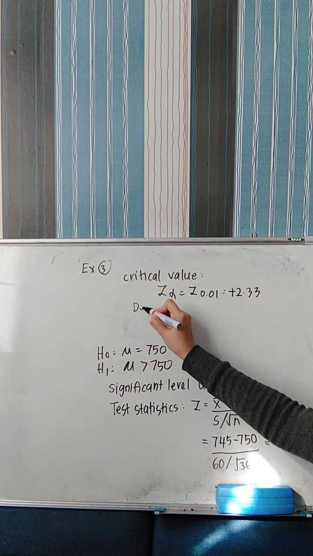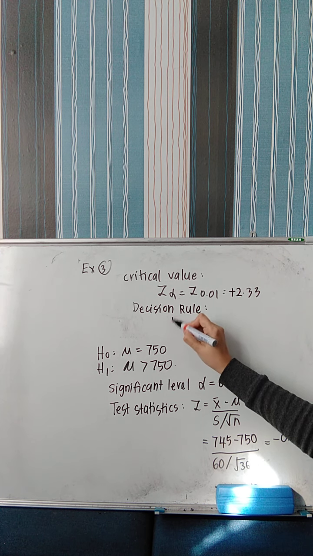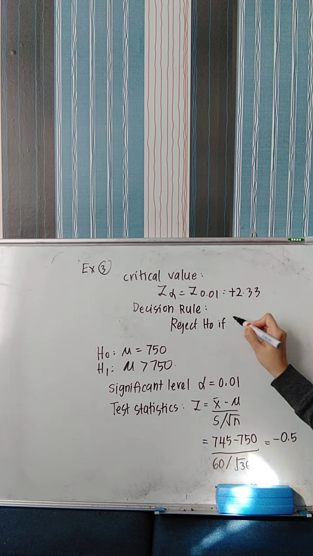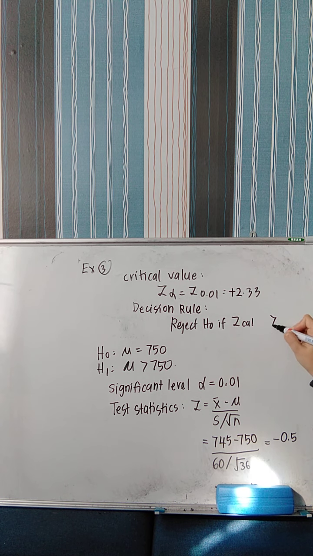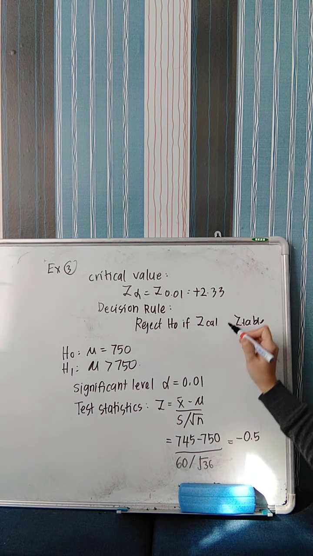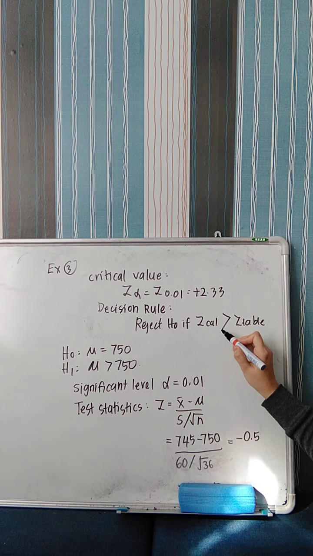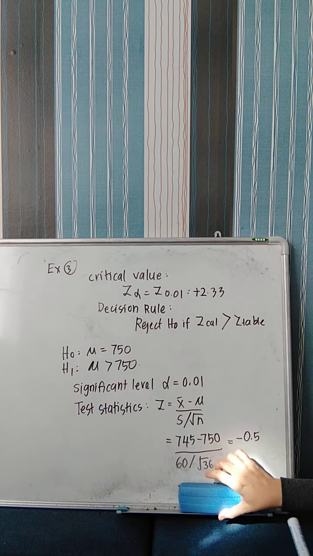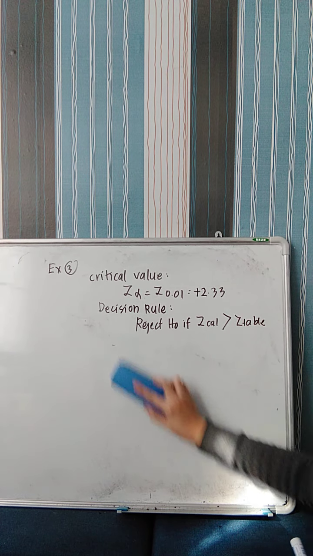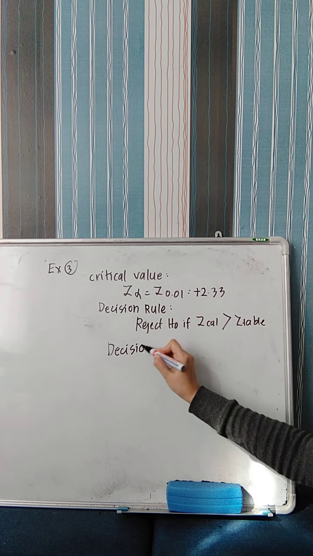Next, your decision rule. What is the decision rule? Reject H null if Z calculate is more than Z table. Because it is more than, you reject if more than. Then you continue to the next step, find the decision. You compare the values.